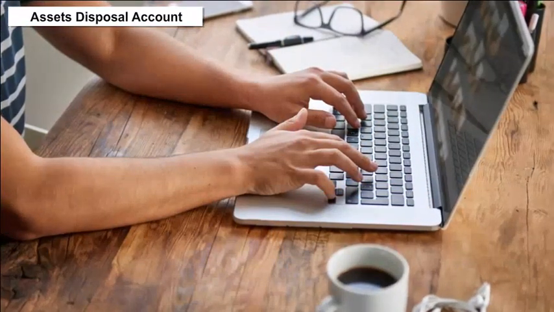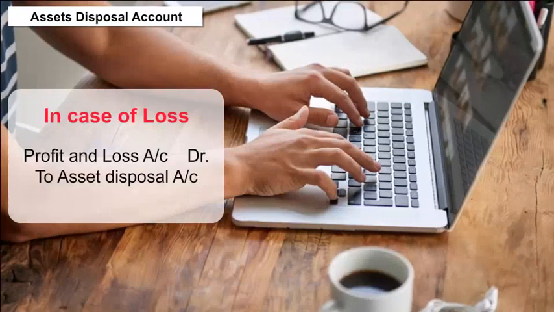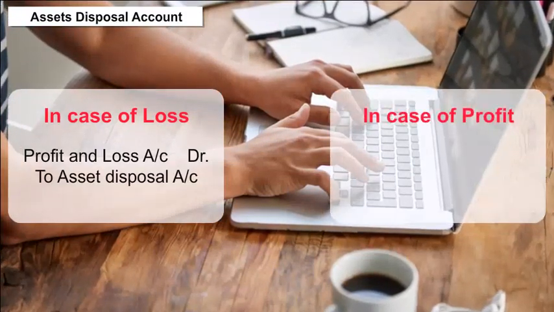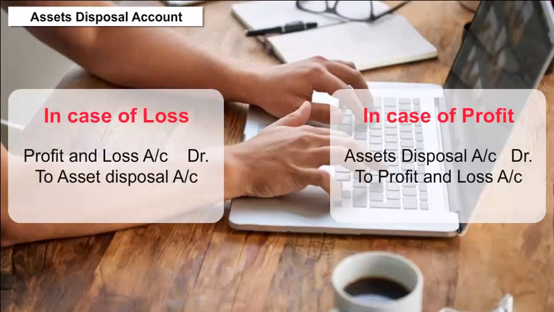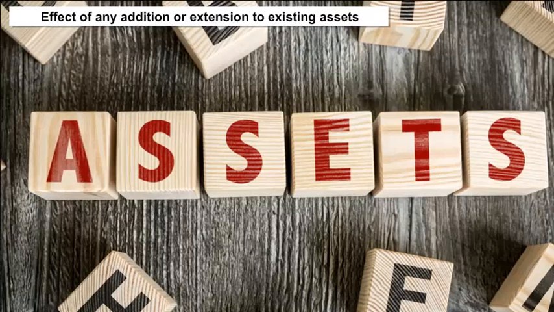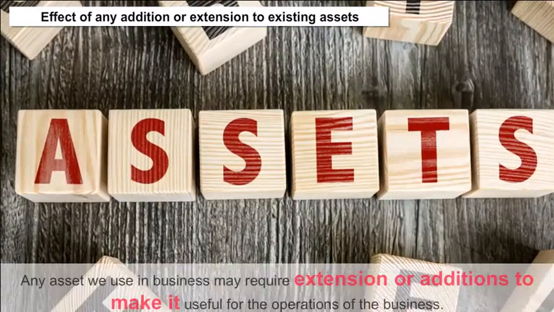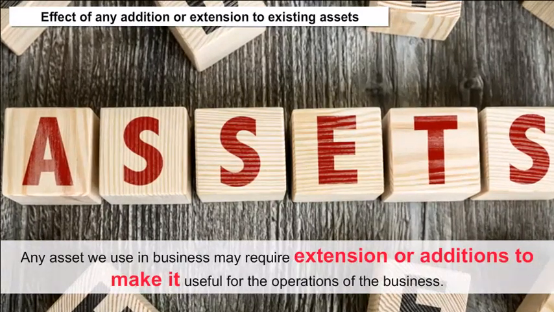Effect of any addition or extension to existing assets. Any asset we use in business may require extension or additions to make it useful for the operations of the business. Such amount incurred on the assets is written off as depreciation over the life of an asset.